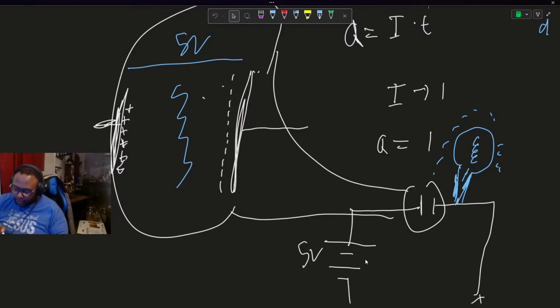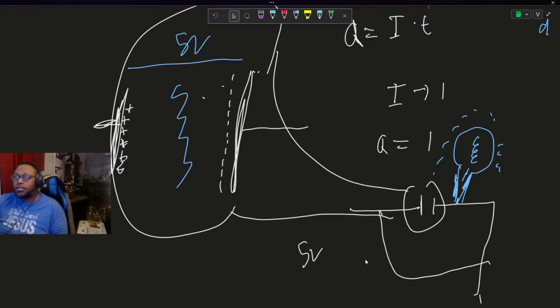Even if I were to remove the battery, since this is at 5 volts now, it still has 5 volts to distribute. Exactly, but it's not a battery, so it doesn't distribute it over a long period of time.